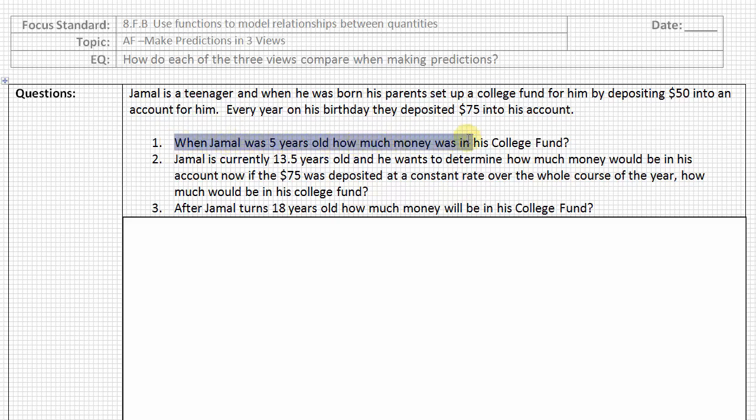So let's focus on this first question. We have all the information we need to begin in our story problem, and when Jamal was 5 years old, we want to know how much money was in his fund. Which do you think might be the best choice here? Do we want to use a table, a graph, or an equation?